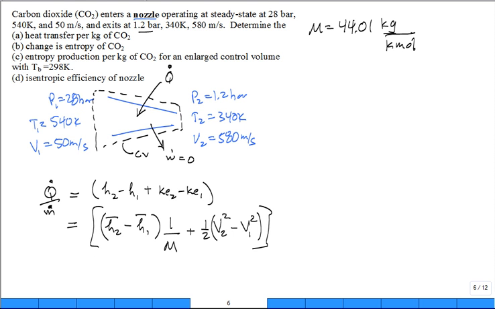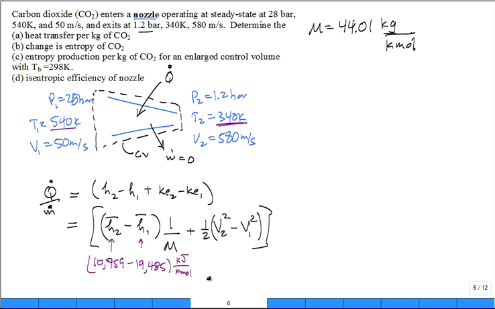So I just go to the table for carbon dioxide and look up the exit temperature of 340 Kelvin. I think it's 10,959. And then for 540 Kelvin, it's 19,485. Those have units of kilojoules per kilomole.